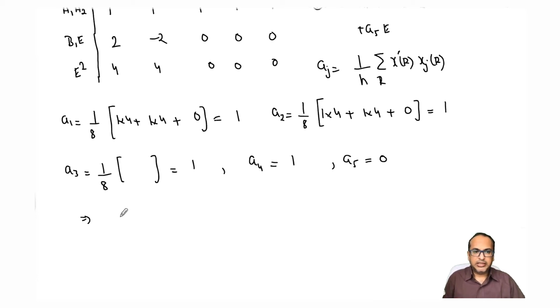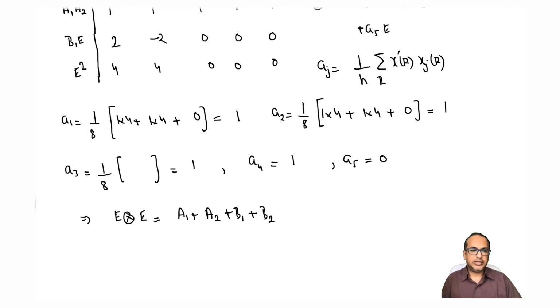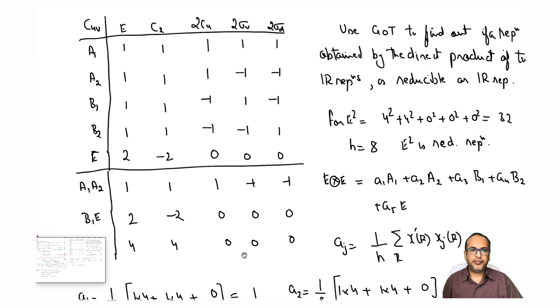So this implies that E direct product E will be equal to A1 plus A2 plus B1 plus B2, and that's all, right? If we make a sum of this, 1 plus 1 plus 1 plus 1 equals 4, and then again 4.